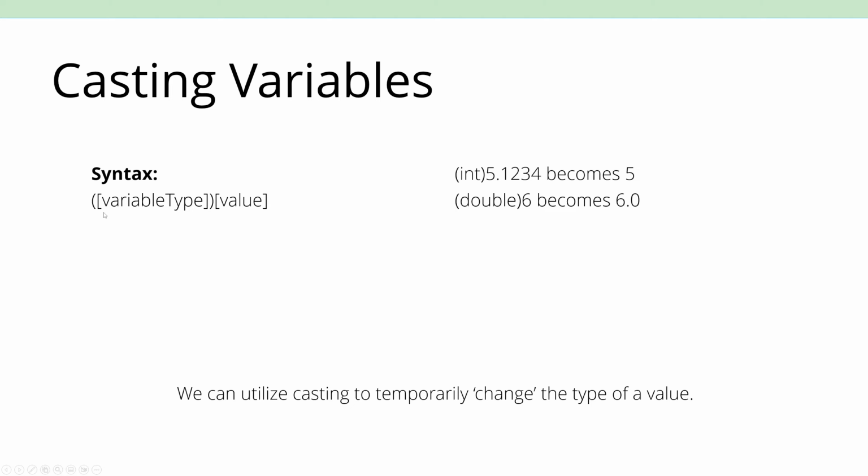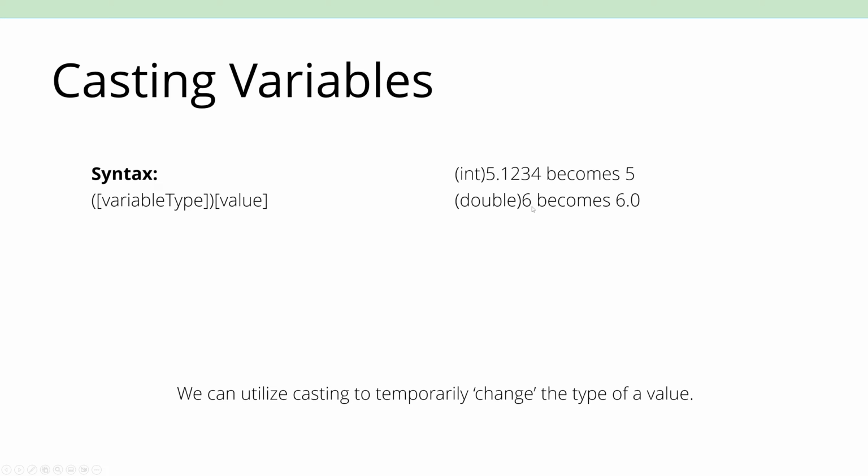So what I do is I put the variable type in parentheses to the left of the value I want to cast. So I put int in parentheses to the left of the value, and that will change it into an integer. So remember, when changing a decimal to an integer, we don't round, that's key. Instead, we truncate. We go to the decimal point and we chop off everything to the right. So we chop off 0.1234 and it becomes a 5.